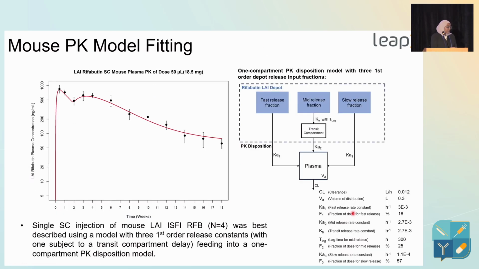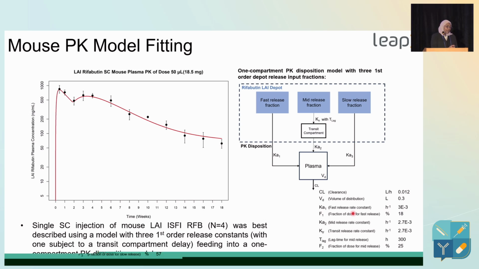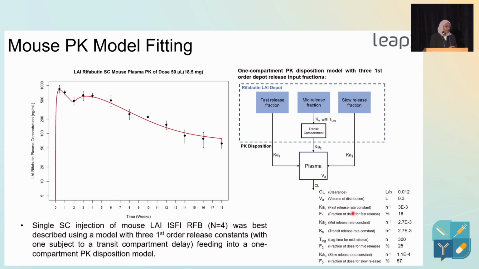From the data itself, as we can see from the left figure, this is the mouse data fitted for a dose of 18.5 mg, using the model on the right, a 1-compartment PK disposition model with 3 first-order depot release input fractions: slow, mid, and fast.